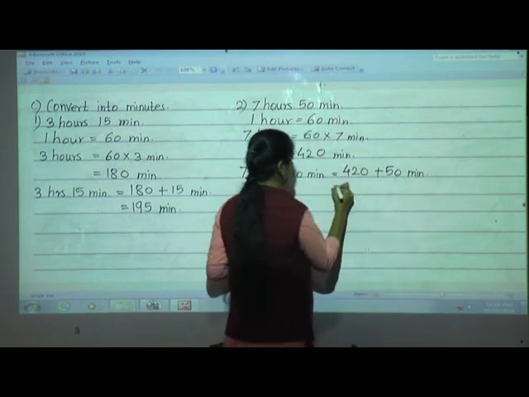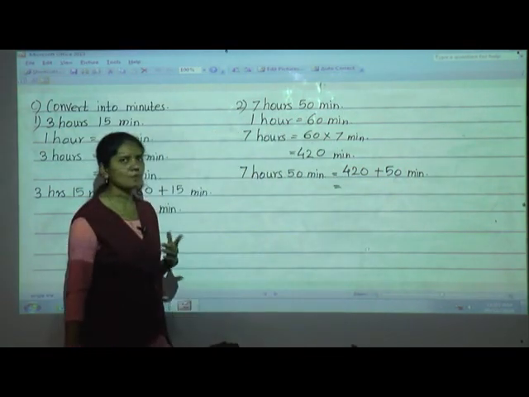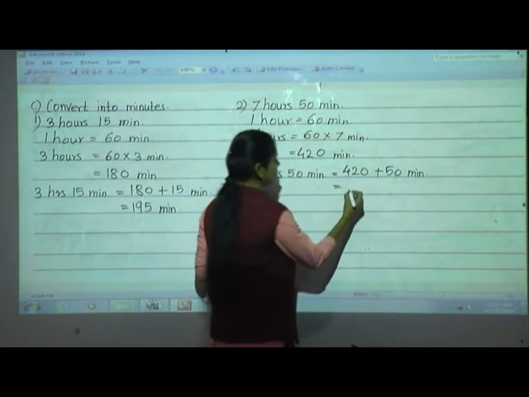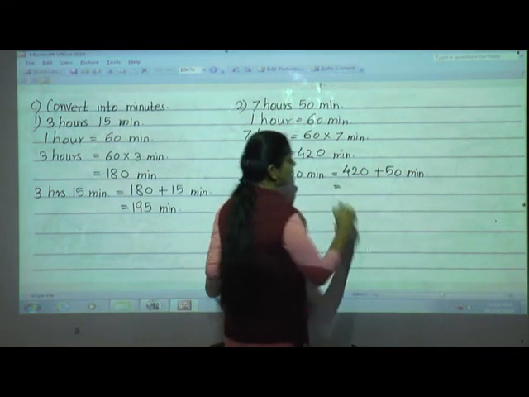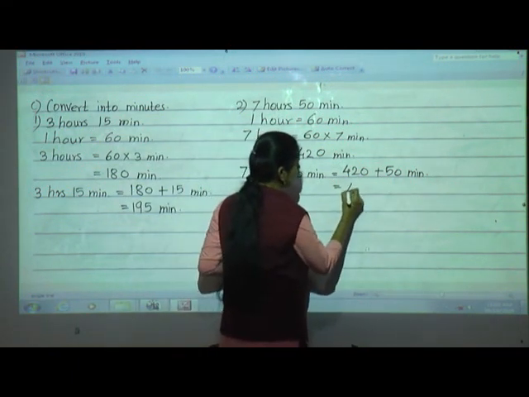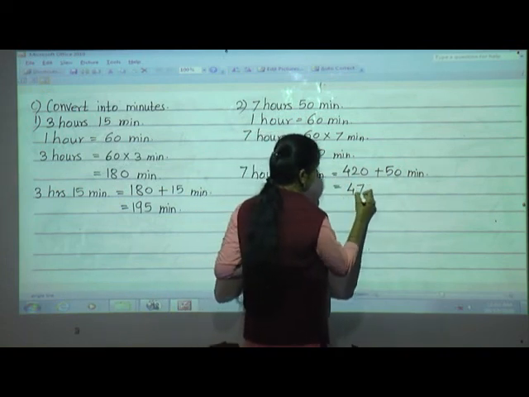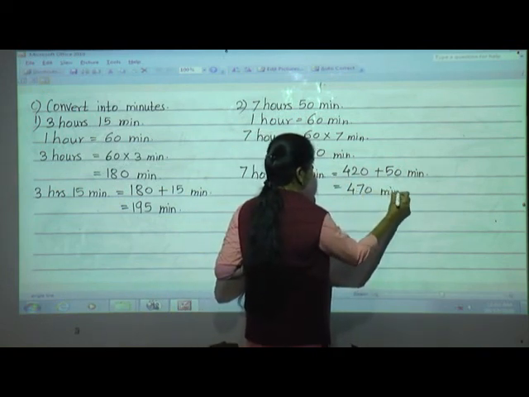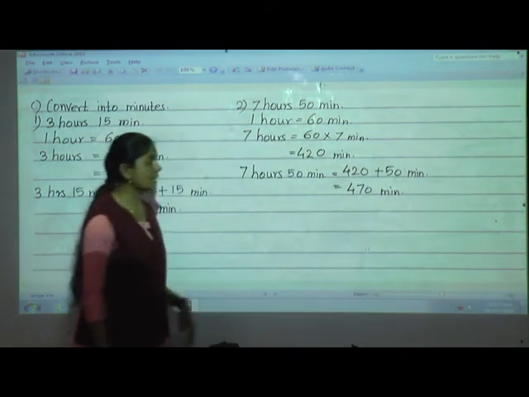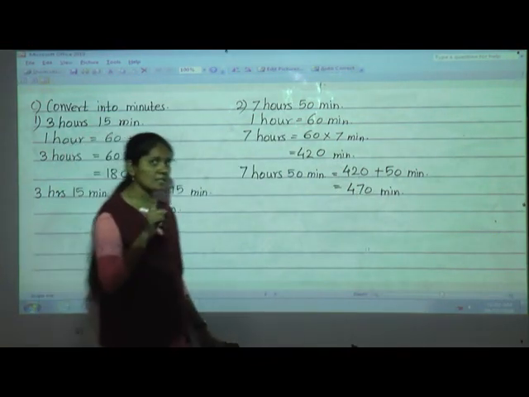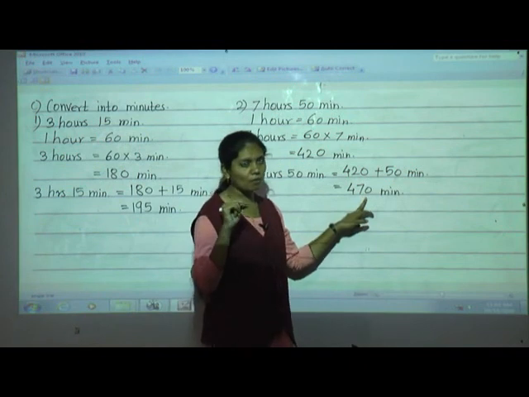Now 420 plus 50, do the addition. 420 plus 50 means 470 minutes.